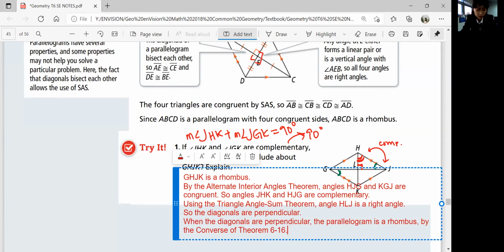So in the last lesson, we had a theorem that says if a parallelogram is a rhombus, then its diagonals are perpendicular bisectors of each other, right? So the converse would be the other way. If the diagonals are perpendicular bisectors, then the parallelogram is a rhombus.